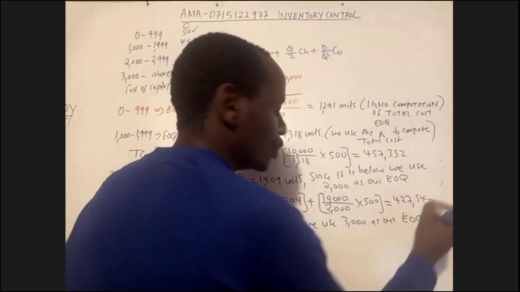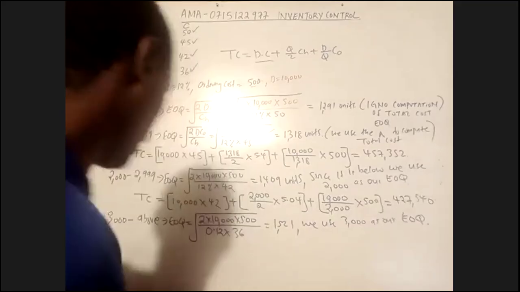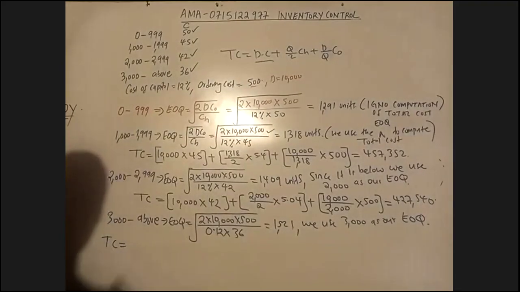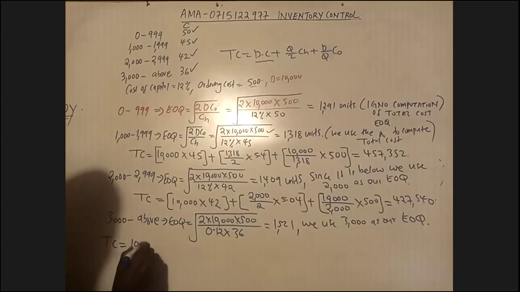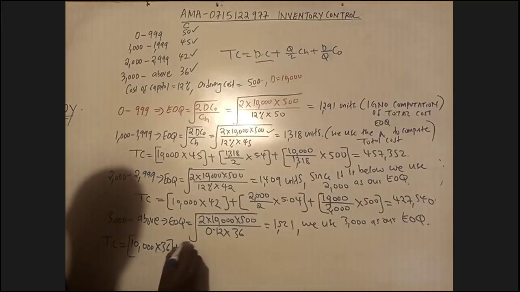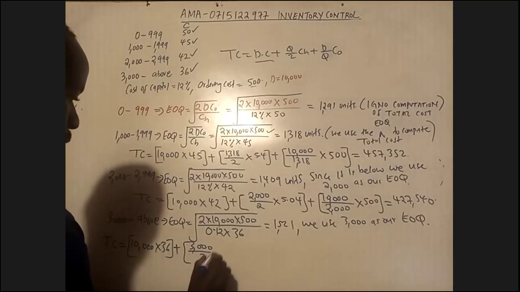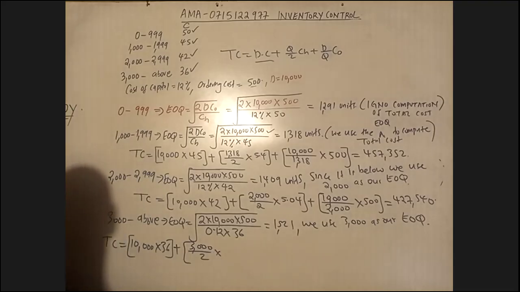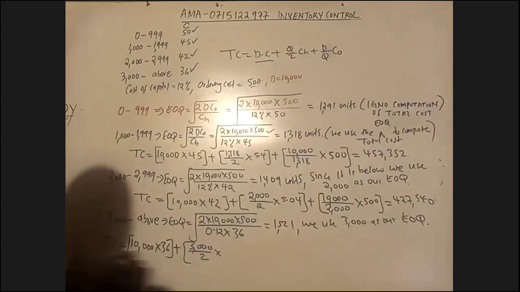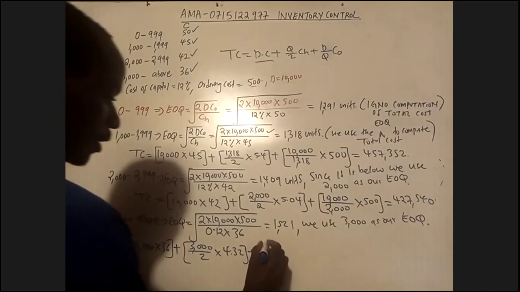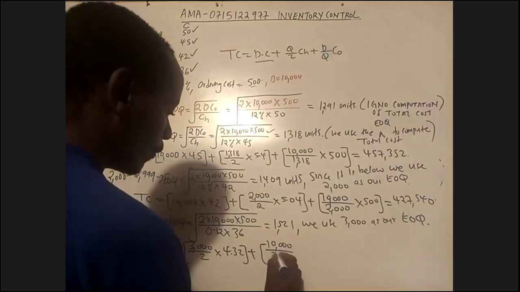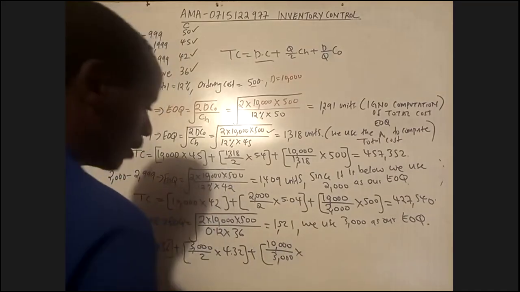I know you did this in intermediate, so it is just a reminder. And what will be our total cost? It will be 10,000 times 36, plus 3,000 over 2 times 4.32, plus 10,000 over 3,000 times 500.